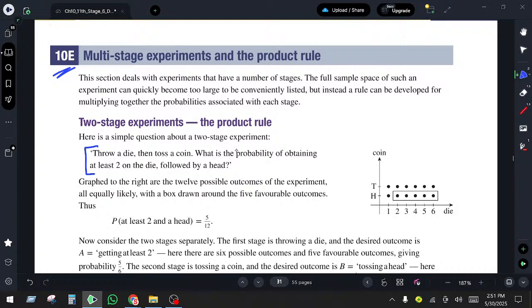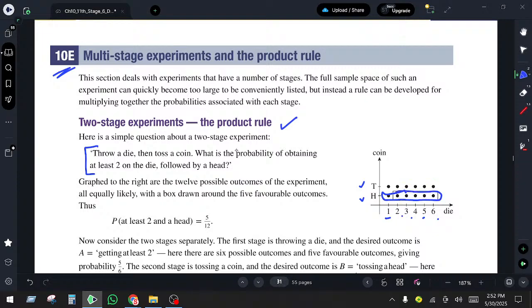First of all, see here. It's a two-stage experiment. You are throwing a die, so 1, 2, 3, 4, 5, 6 will come. And you are tossing a coin, so heads, tails will come. Your favorable is first one is head, so you need only these kind of sets.